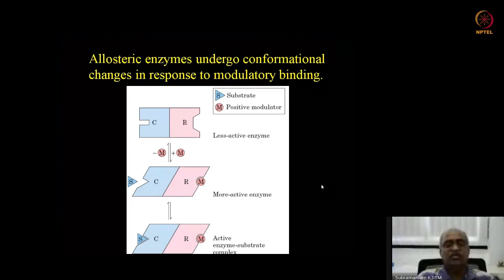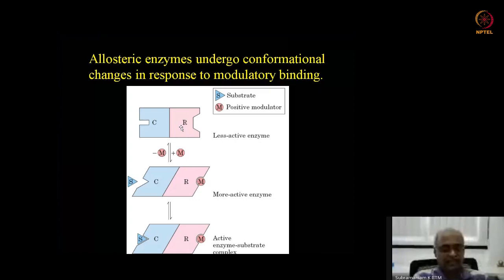If you leave out hemoglobin and take a normal allosteric enzyme, they usually have, like hemoglobin, multiple subunits, but each subunit may not be converting a substrate into product.